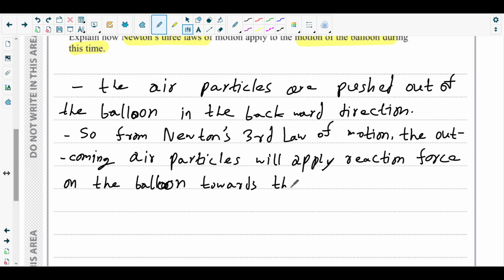Towards the forward direction. Fine. These are the first 2 points we got.